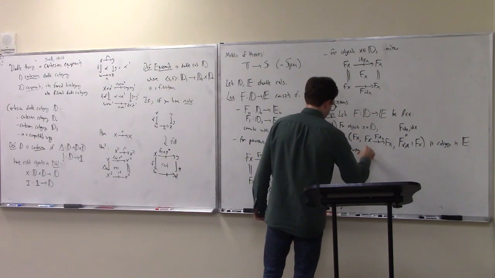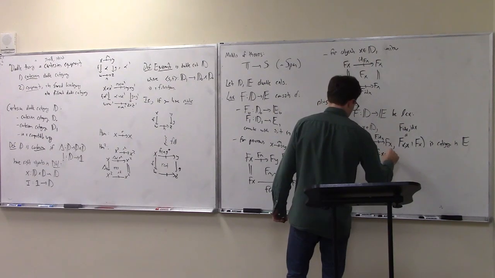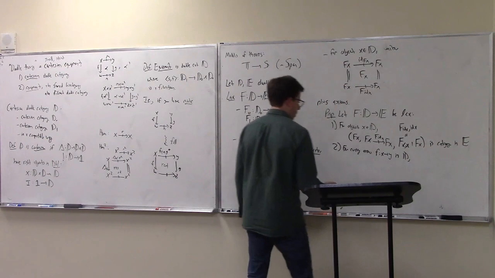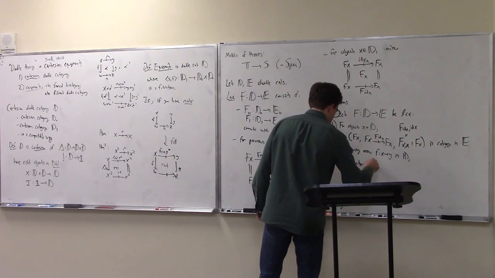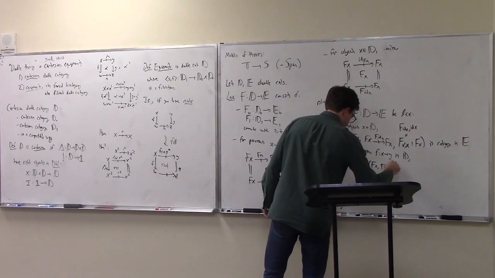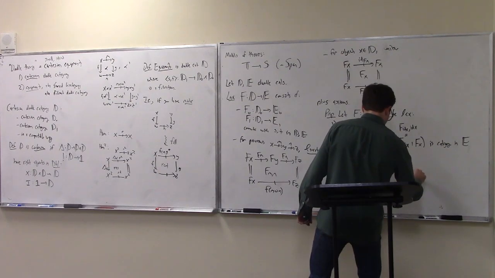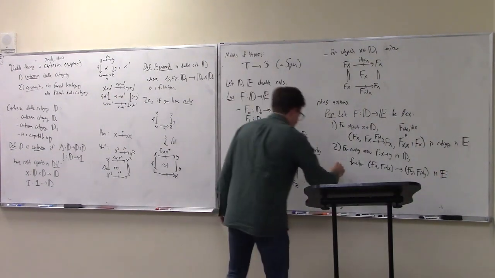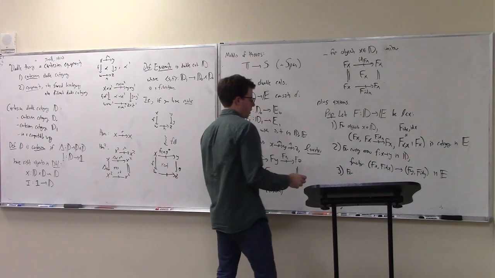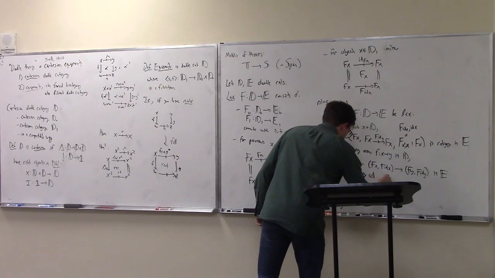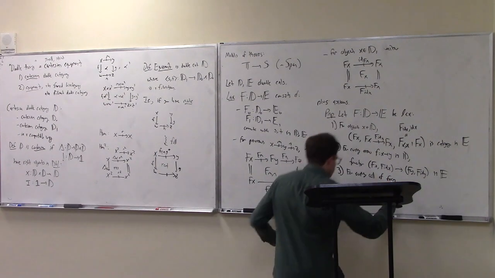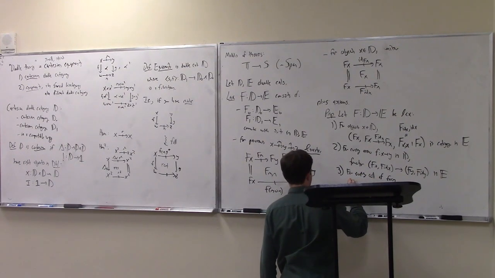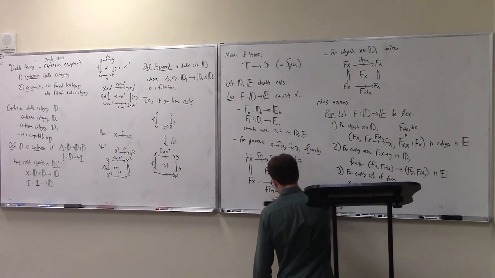For every arrow in D, I get a functor, and for every cell of this form, let's say, let me change my orientation.